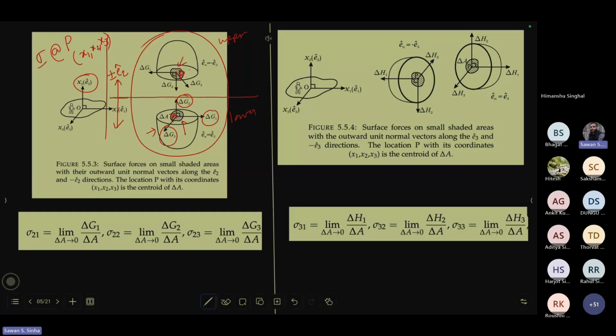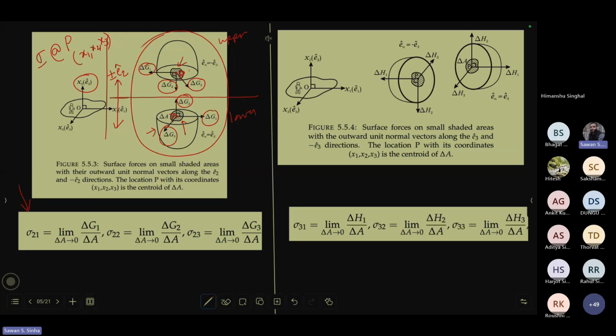On the upper half, the forces will be opposite, Newton's third law. Now, with these quantities with the symbols available, this is how the next three components of the stress tensor at point P are defined.